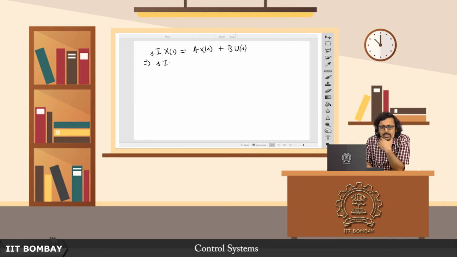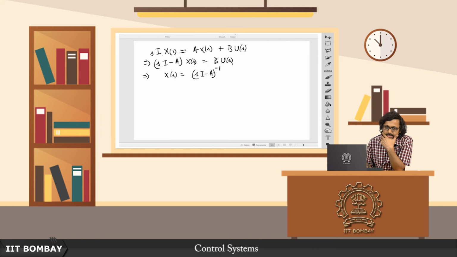So this is going to be S I minus A xs is equal to B us. Obviously, if I want to write this xs, I have to hit it with S I minus A inverse on the left, and this S I minus A cannot be singular for all values of S. Later on we will see more direct ways of seeing why it should be invertible, but for now you have to believe me that this is invertible, because after all this S can change, S is a complex variable.